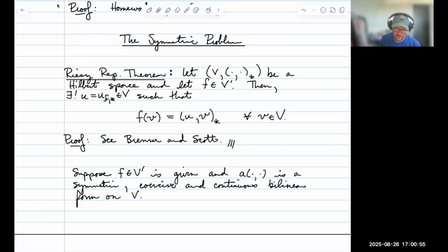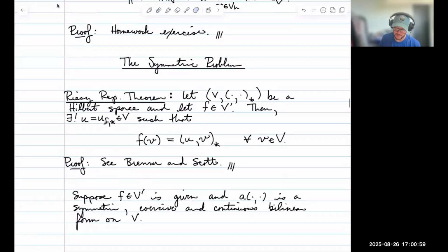Probably more of you have heard about the Riesz representation theorem for various reasons, but it's like the analog of the Lax-Milgram theorem, except that in this case we'll be assuming that A is a symmetric bilinear form.